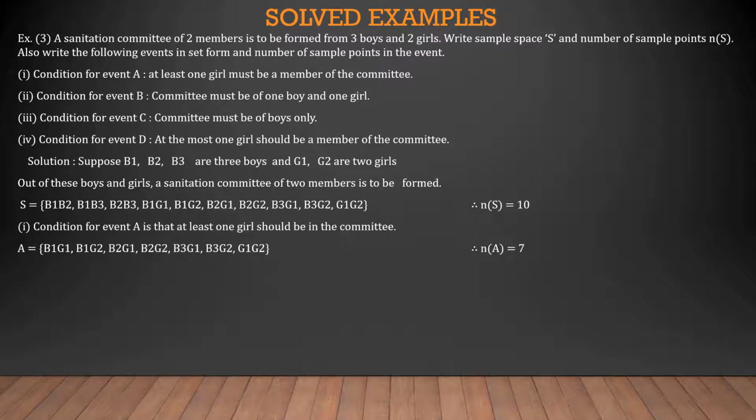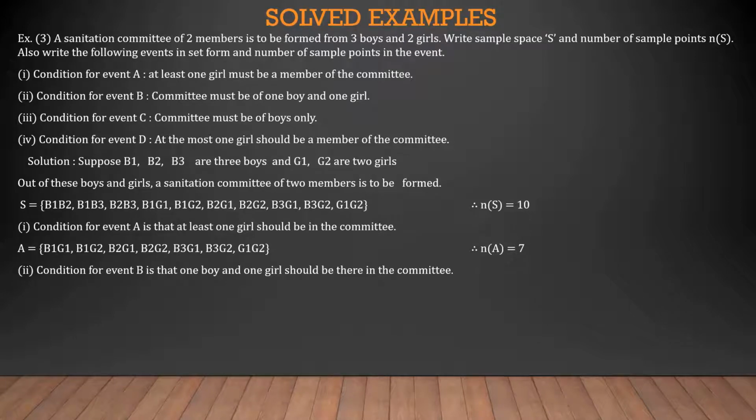At least one girl means it can be more than one girl but not less than one girl. So the committee of 2 girls can be formed, and also a committee with one girl. So total sample points in event A is 7. Therefore n(A) = 7.